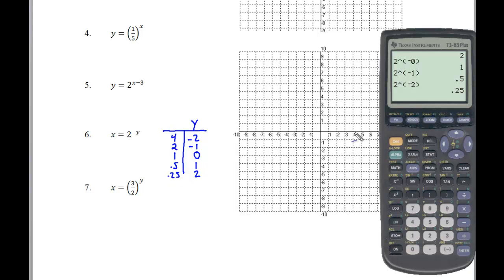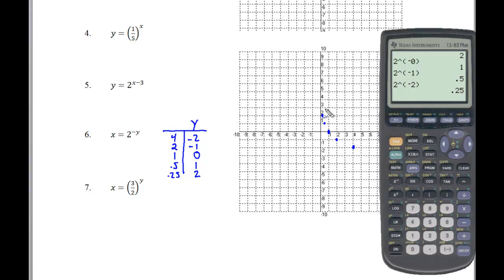So 4 on my x was negative 2 on my y. 2 on my x was negative 1 on my y. 1 on my x was 0 on my y. And 0.5 on my x is 1 on my y. And 0.25 on my x is 2 on my y.